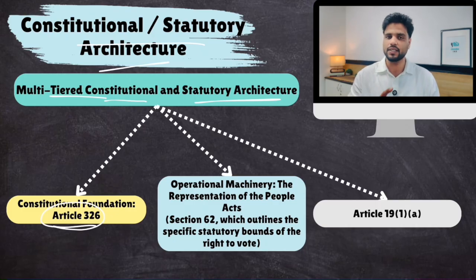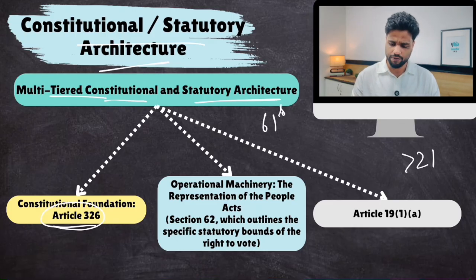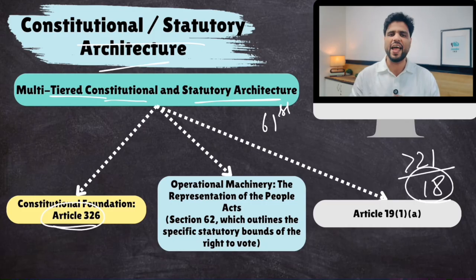Initially, in the earlier version of the Constitution, it was everyone above the age of 21. Later, this provision was amended through the 61st Constitutional Amendment, 1988, and the age was reduced to 18. So everyone above the age of 18 has a right to vote, with reasonable restrictions, and Parliament has the right to give those restrictions.